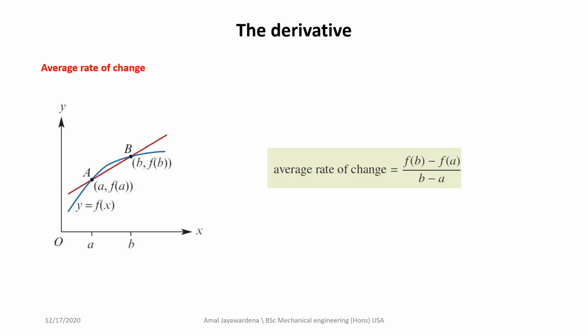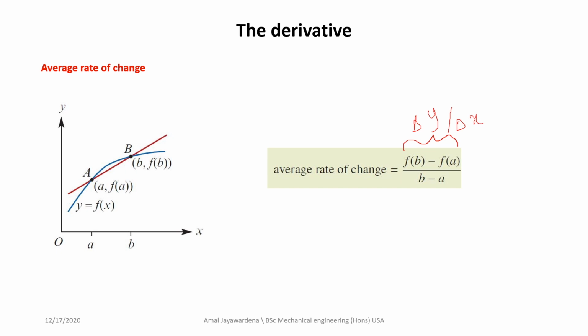So the average rate of change of this line, the line that connects the points A and B, as we learned in our other classes, is going to be the change in y, delta y over delta x. So this is basically delta y.